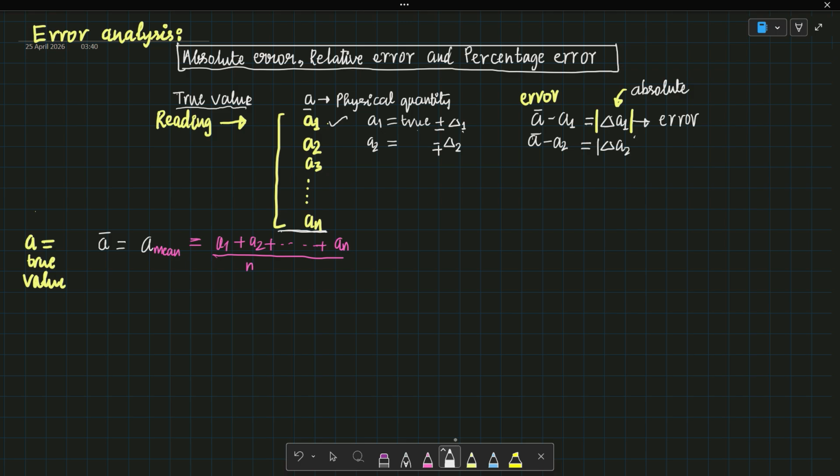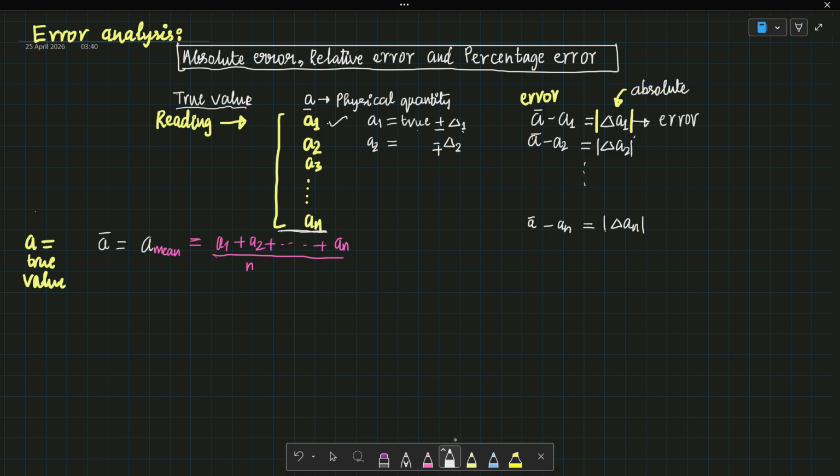So this will be the absolute error in 2, and you understand now that we can do this for all of these steps, and finally in the nth measurement we find the absolute error, which is mod delta An.